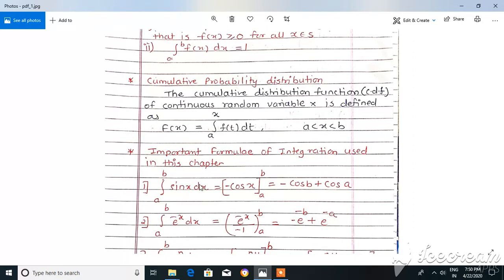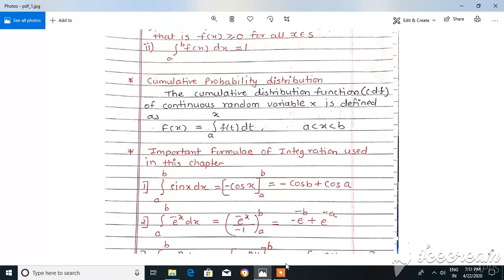Whenever I am considering a definite integral, we have to write its function and take the upper limit minus the lower limit. So in this function I need to write the upper value first, then the lower value, and then I get the integration of the given function. So what is its integration?